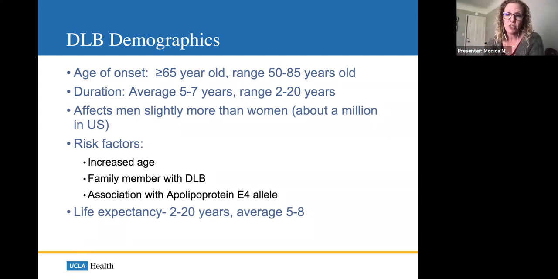The average range is 5 to 7 years, sometimes 2 to 20. So it's very similar to Alzheimer's in terms of the length of time that somebody could have this disease. It affects men a little bit more than women, and there are about 1 million people in the United States with it. So when you think about it, it's not a rare dementia, it's just less common.